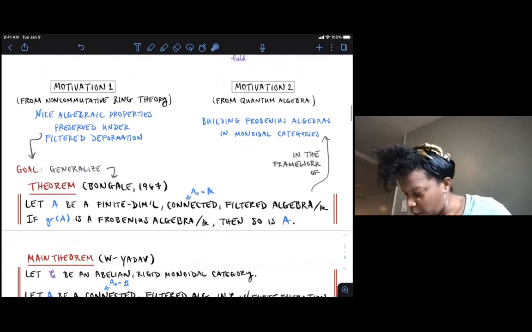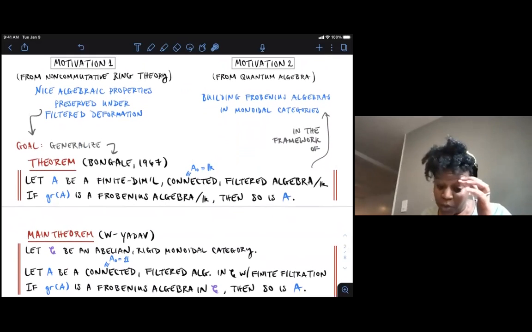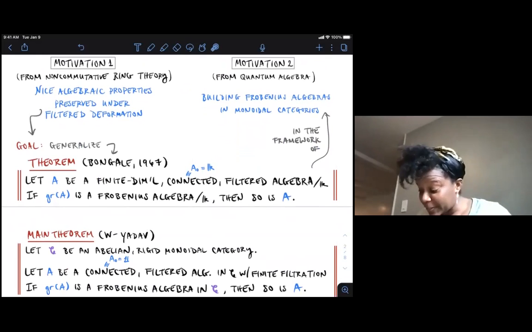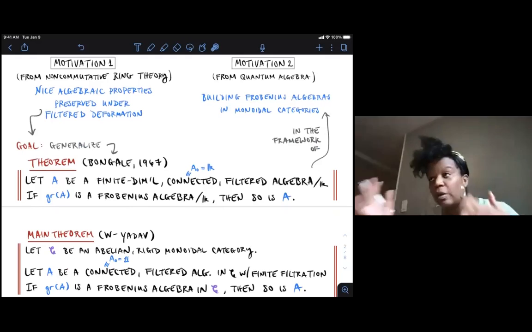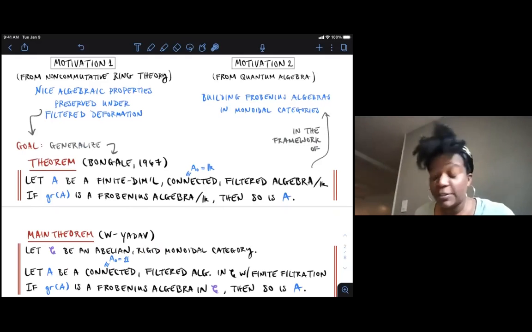Okay, so I'll just give you the main result before we get into the tools we need to build it and how to prove it. The main result is this. Instead of working in the category of vector spaces, we work in a nice monoidal category that's abelian, so you have kernels and co-kernels, and also rigid. You have dual objects as well.